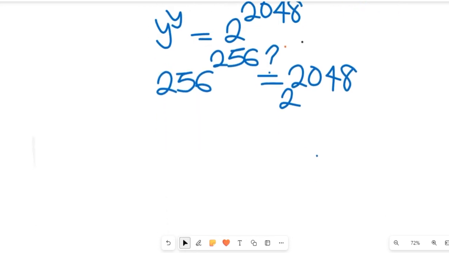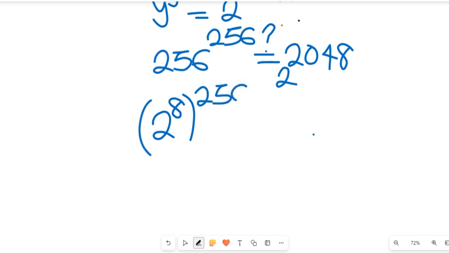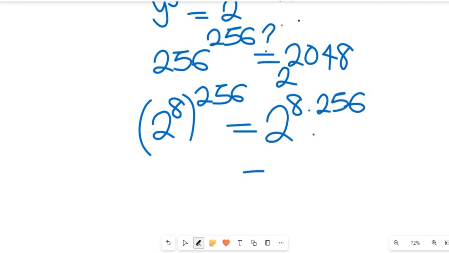Now let's try that out. 256 can simply be written as 2 to the power of 8. So 2 to the power of 8, all to the power of 256, simply will give us 2 to the power of 8 multiplied by 256, and 8 multiplied by 256 will be equal to 2 to the power of 2048.